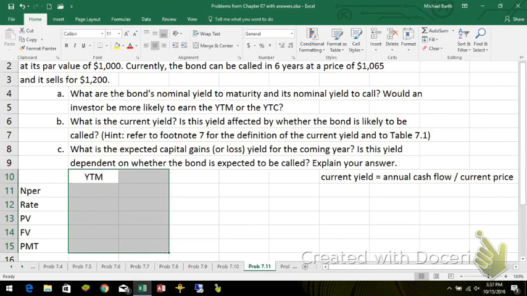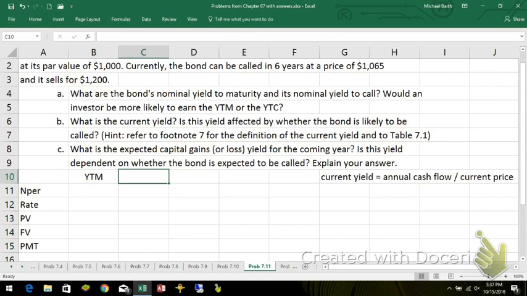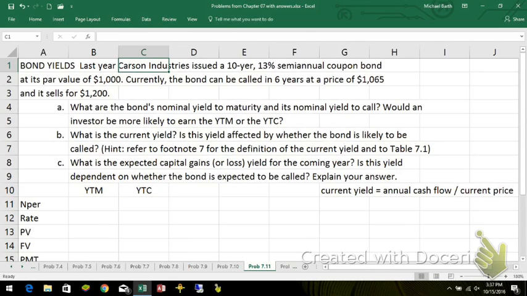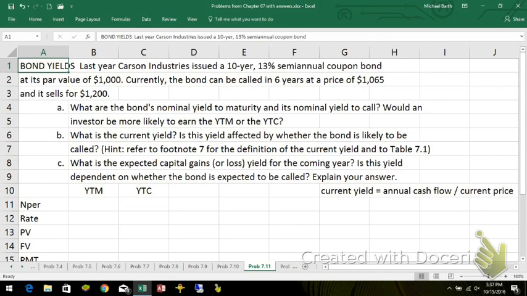The yield to call, on the other hand, is calculated on the assumption the bond will be called at the first possible opportunity. Last year Carson issued a 10-year bond. So this year it's got 9 years to go.